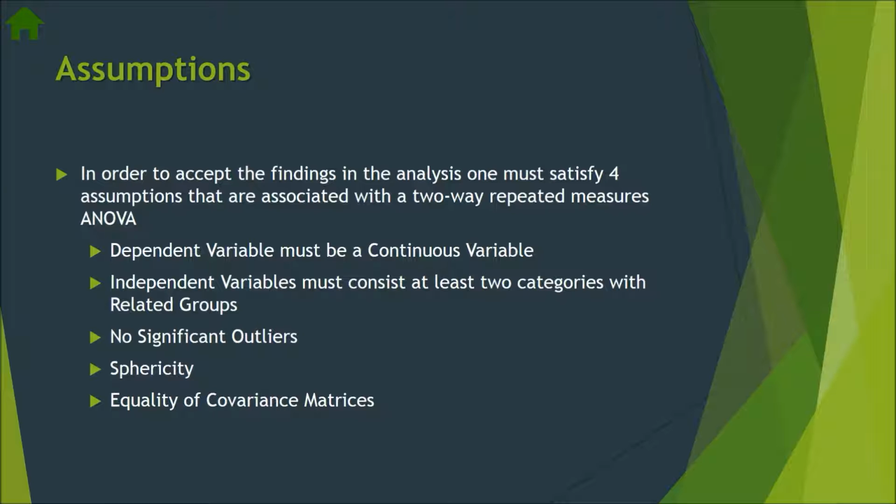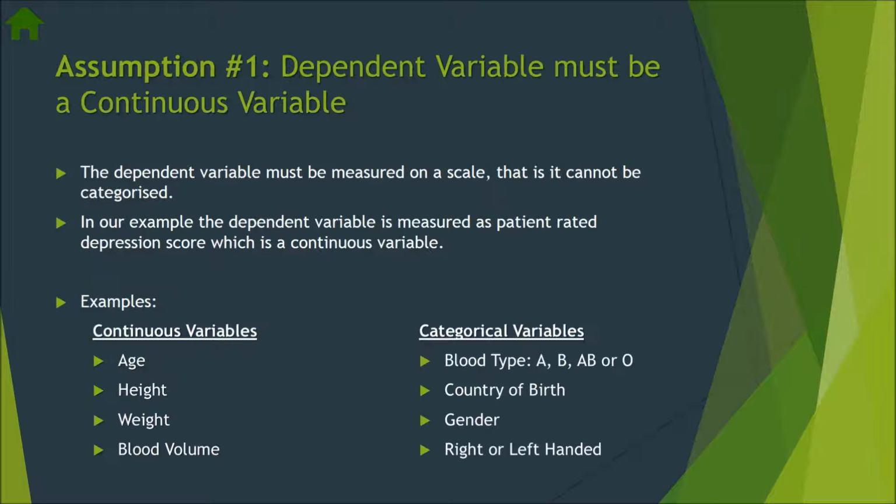For the next couple of slides, I will go through each assumption individually and explain a little bit more about these assumptions. This first assumption is pretty straightforward. It's just making sure that the dependent variable is a continuous variable rather than a categorical variable.